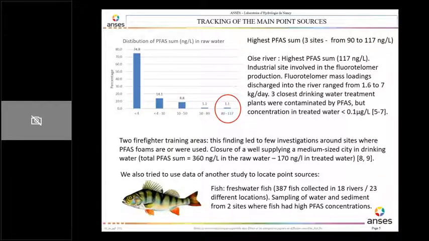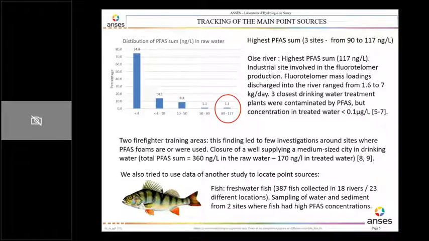And we found 2 locations where PFAS concentrations in fish were high compared to other sites. So we collected water and sediment from both locations, but we did not detect any significant PFAS concentration. We think that the trouble with fish is that they move.